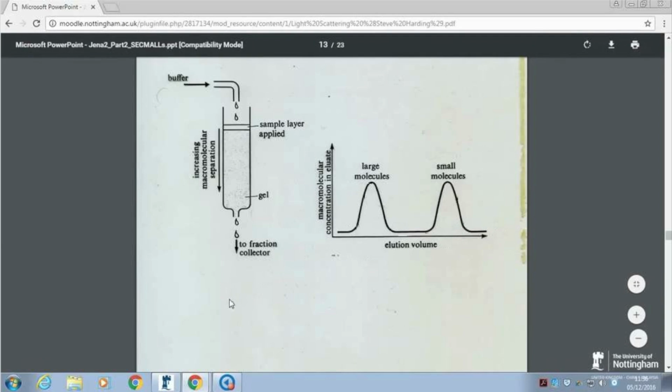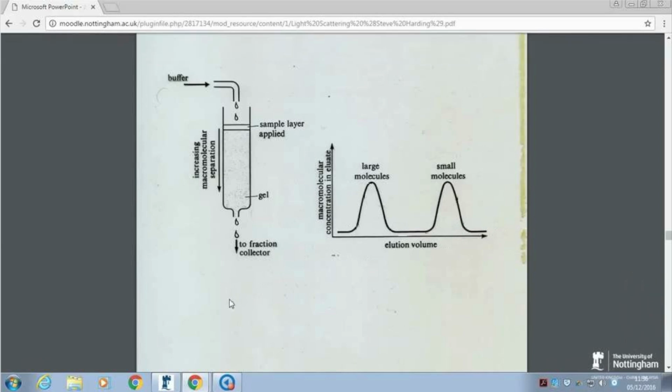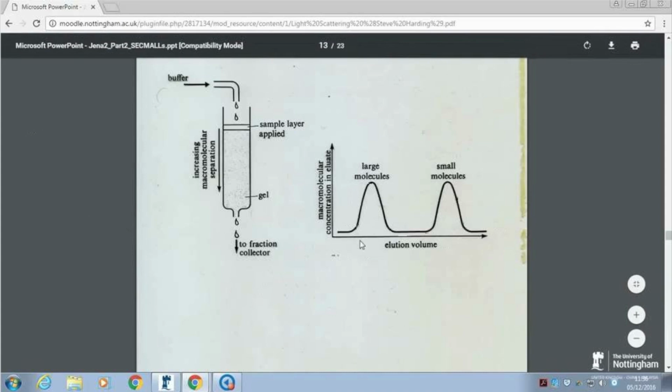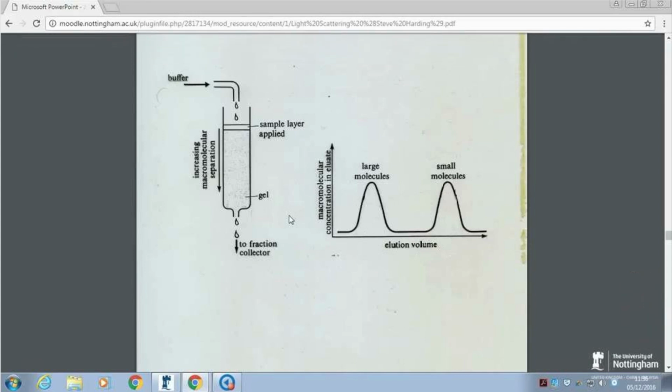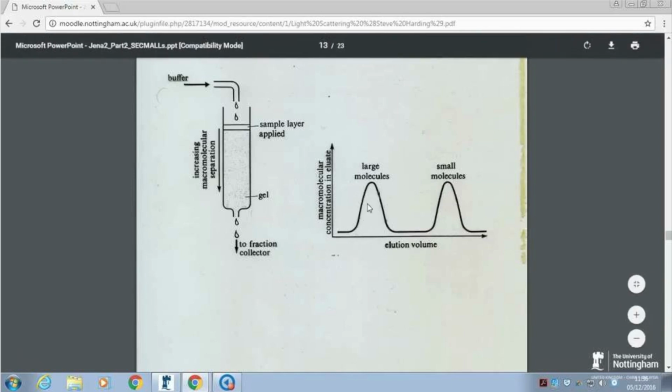And indeed, you can calibrate the column by putting molecules of known molecular weight down the column and working out what solution volumes they come out at, and then putting your unknown down and seeing where that one comes out. So say if that's a large molecule, say thyroglobulin, 700,000 molecular weight.